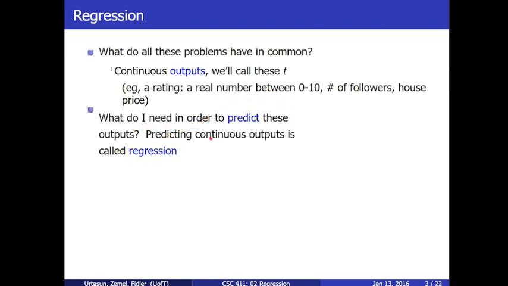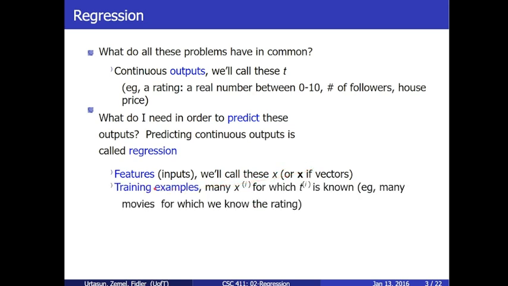So what do you need to predict these outputs? Predicting outputs is called regression. Features or inputs, we'll call these X, and training examples, many X_i, for which T_i is known. For example, many movies to watch for which you know the rating.